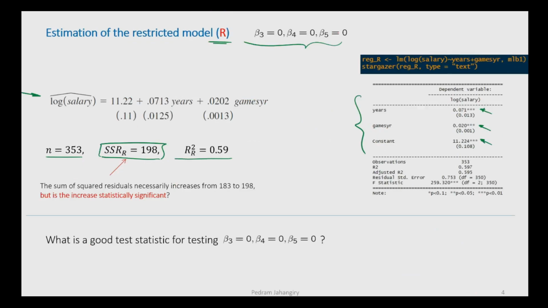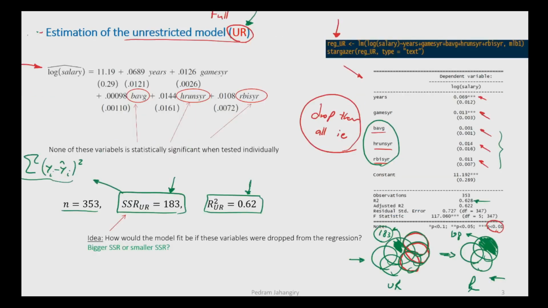And we can also look at the R-squared version. So R-squared is going to decrease, right? This one is also not surprising. So let me use another color. Let's use blue. If I want to show the R-squared for the unrestricted model, the blue shaded area is a representation of R-squared, right? However, here, the blue shaded area is a representation of R-squared.